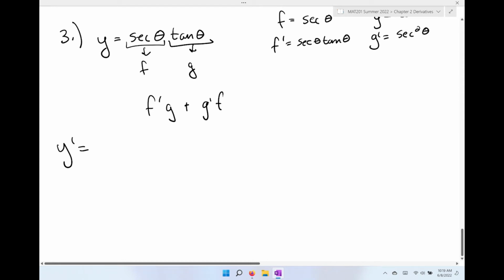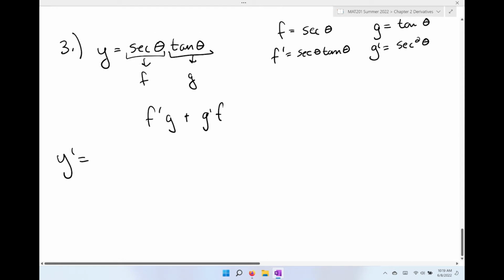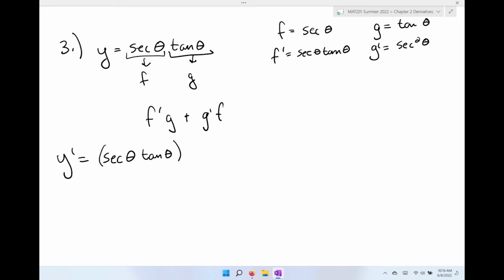So y prime is going to equal f prime times g. So we get secant theta tangent theta, that's f prime, times g, which is tangent theta, plus g prime, which is secant squared theta, times f, which is secant theta. Now from here, we've got to be careful, because what we want to do is try to simplify this in some way.